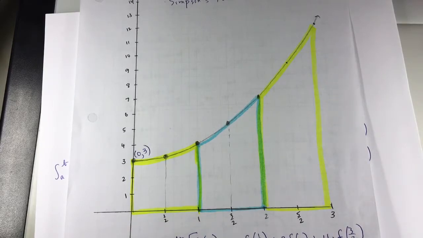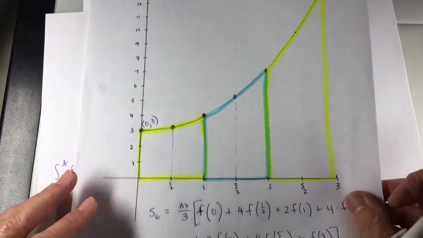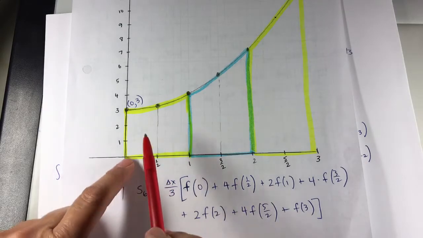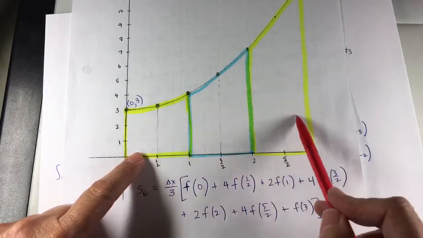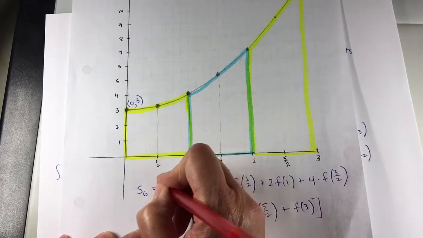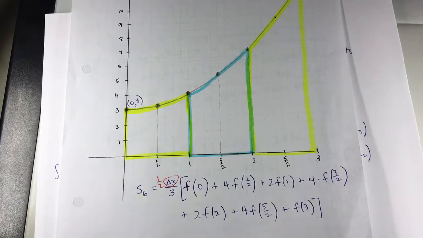And I didn't put it in here, but let's go ahead and put this in here. What is delta x? Delta x is still 1/2. For that, we're looking at 1, 2, 3, 4, 5, 6. There's the 6 subintervals. Delta x is still 1/2. And I started to write this on the graph. I didn't write it across the whole thing.